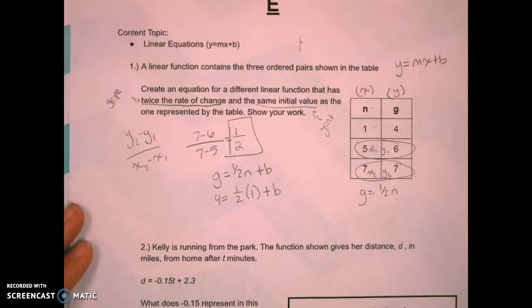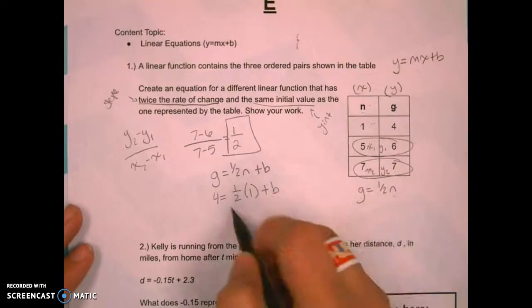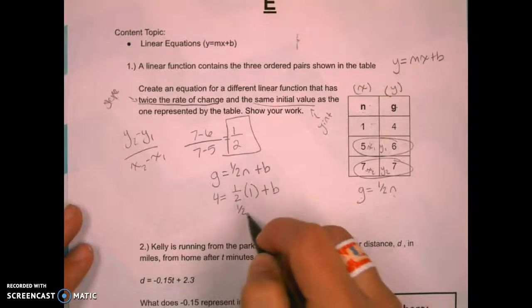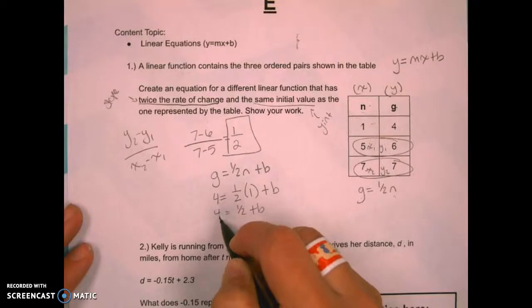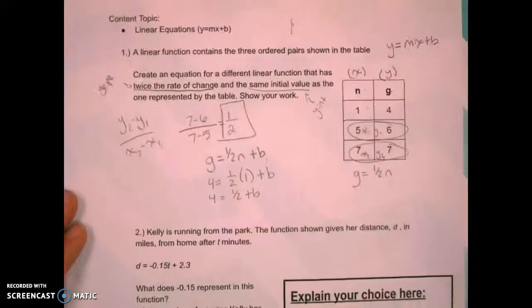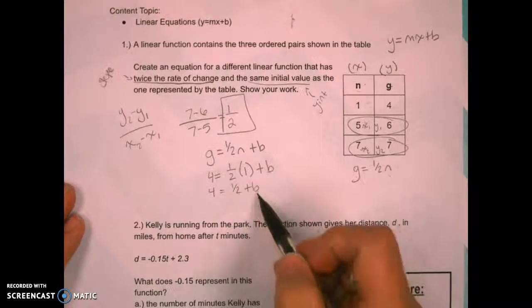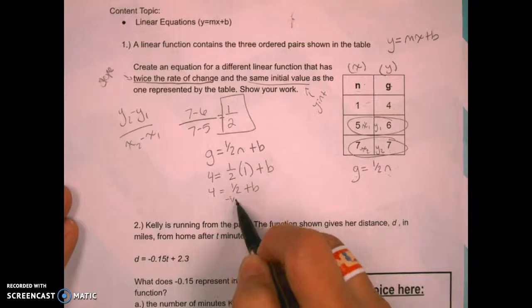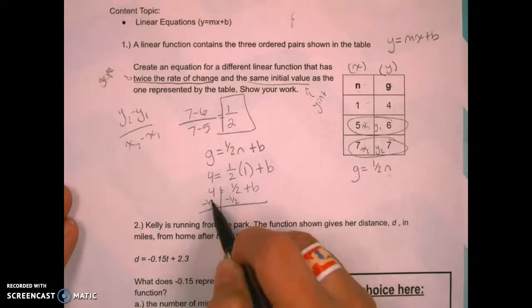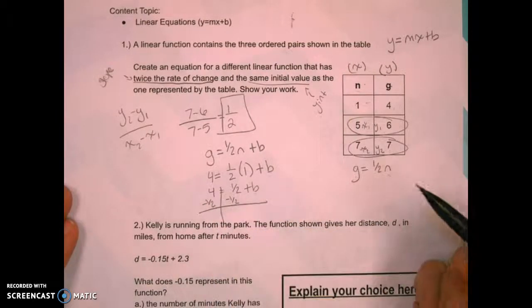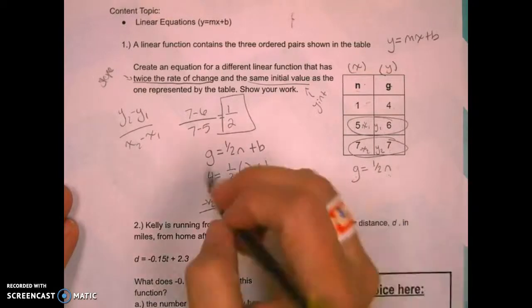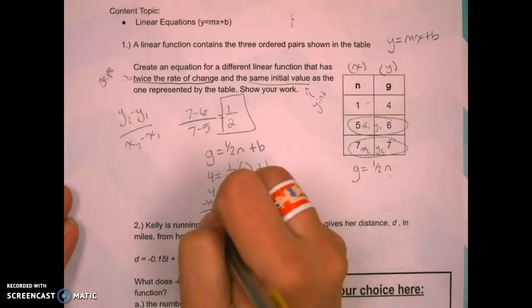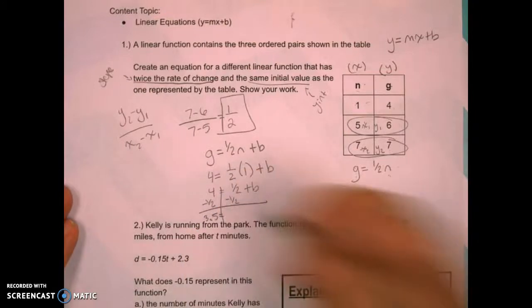Anything times 1 is just itself, so 1 times a half is a half, plus b equals 4. So I need to get b by itself, so I'm going to subtract 1/2 from 4. Basically 0.5, so 4 minus 0.5 is going to be 3.5 equals b.